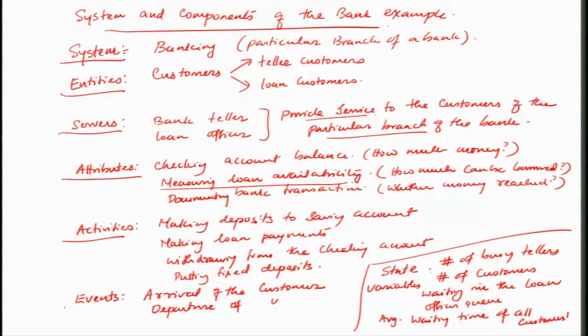And events are arrival of the customer, departure of the customer. And state variables include how many tellers are busy, how many customers are waiting in front of the loan officer, what is the average waiting time of the system. Okay.